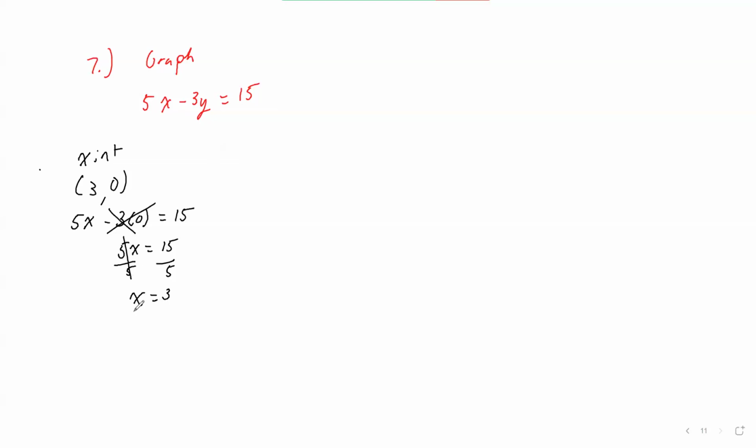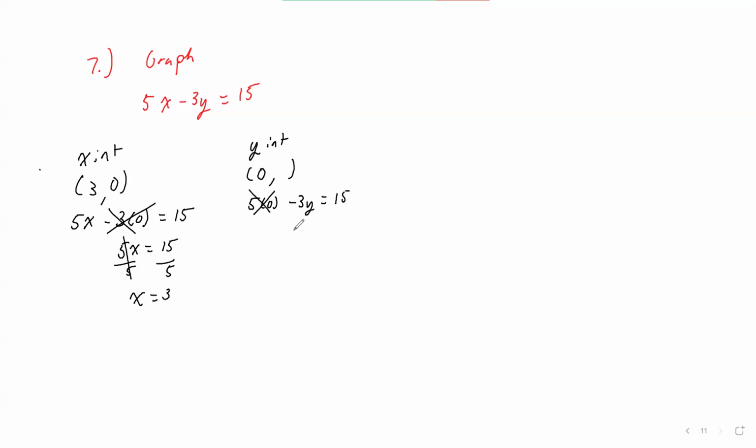To find the y-intercept, I know that the x is equal to 0. So now I'm going to replace the x with 0. So I get 5 times 0 minus 3y equals 15. The 5 times 0, what's that give me?